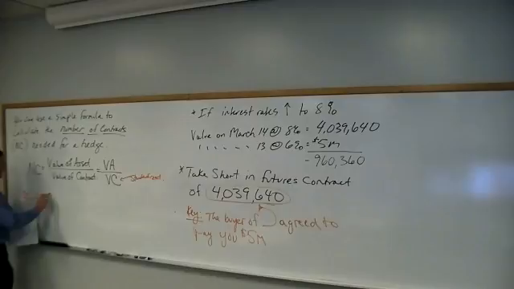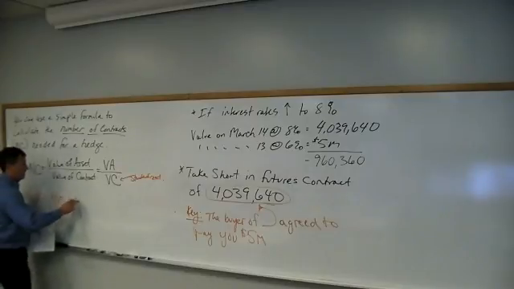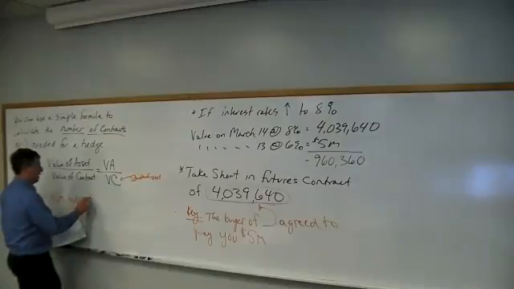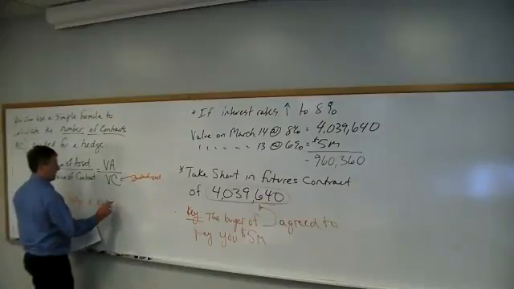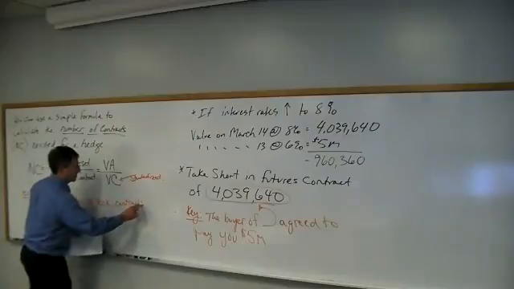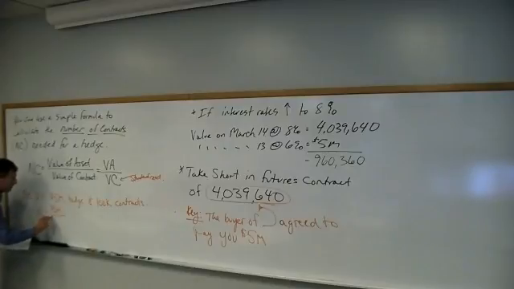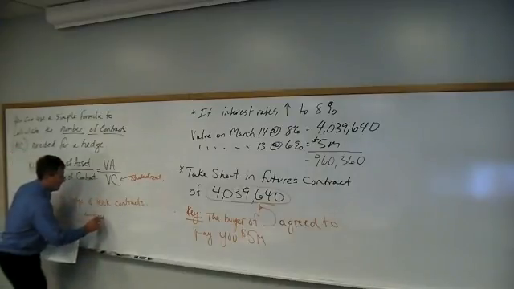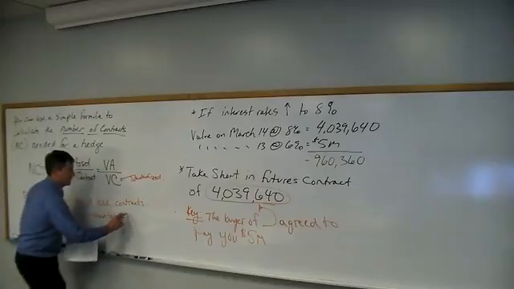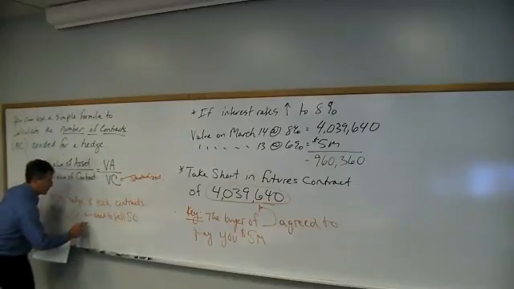If you have a $5 million hedge and $100,000 futures contracts, then the number of contracts needed is our 5 million divided by our 100,000 gives us 50 contracts. So in this case, you need to sell 50 treasury bond futures.